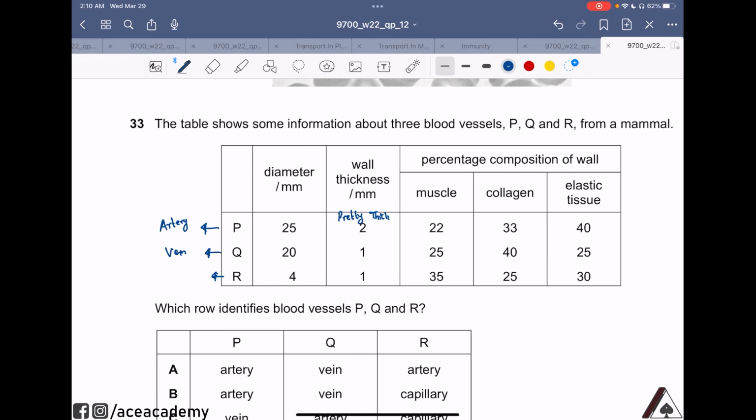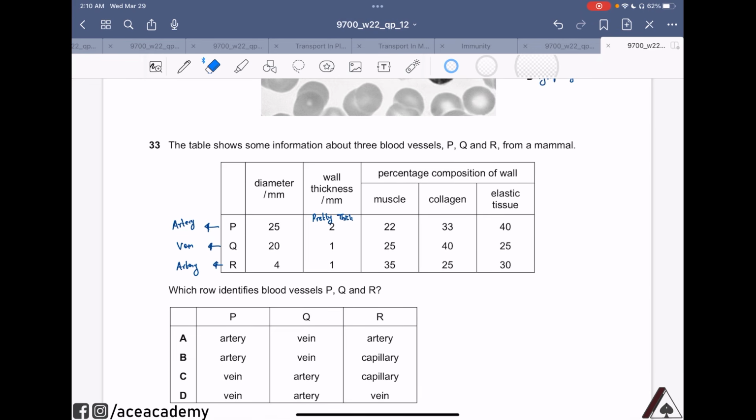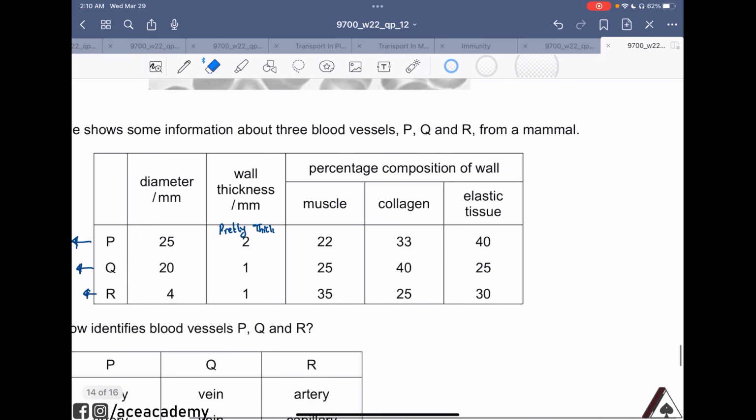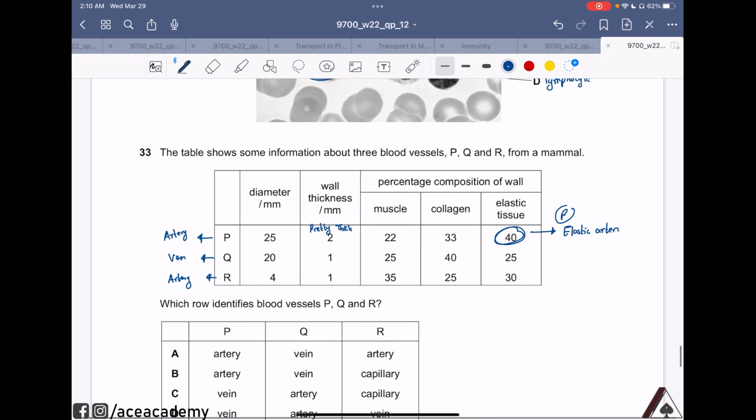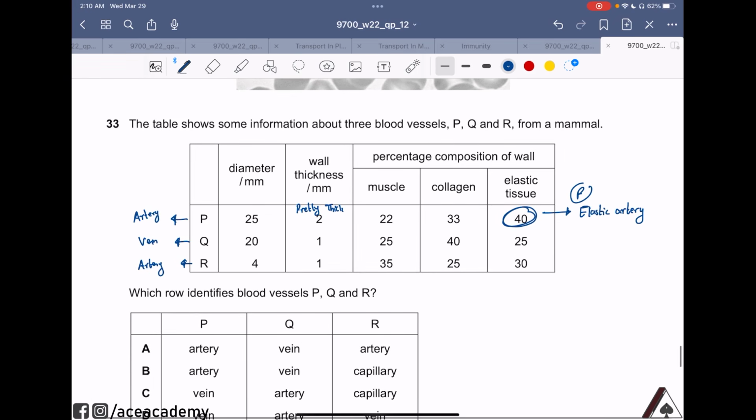It's 1 millimeter. So it must be a small artery. So we can further distinguish the arteries as well. P is a large artery, and large arteries are situated closer to the heart. P has a higher proportion of elastic tissue, so P is an elastic artery. And R has a higher proportion of muscle in comparison to other tissues, so it is a muscular artery.